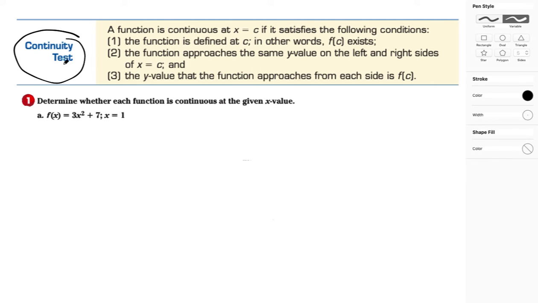There is a test of continuity that you should familiarize yourself with, and I have it copied from the text here. A function is considered continuous at a particular point if it satisfies the following conditions. First of all, the function defined at C, or whatever that x value is, has to exist. So there has to be a value there.